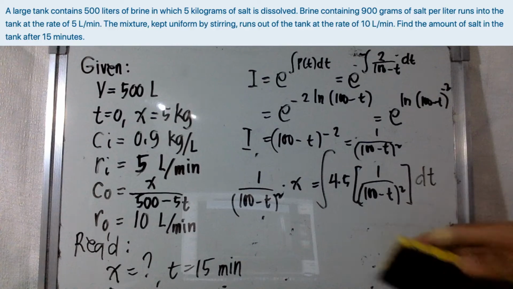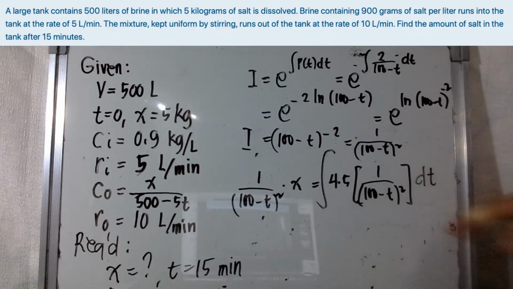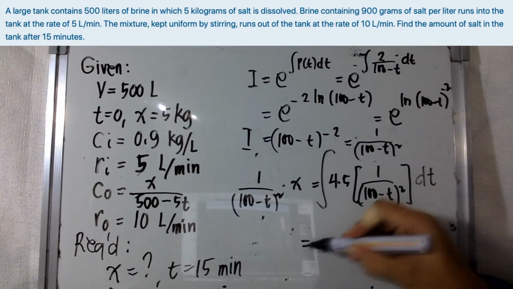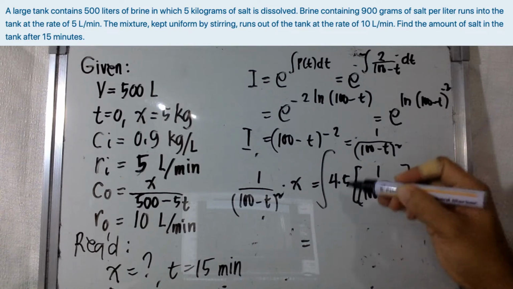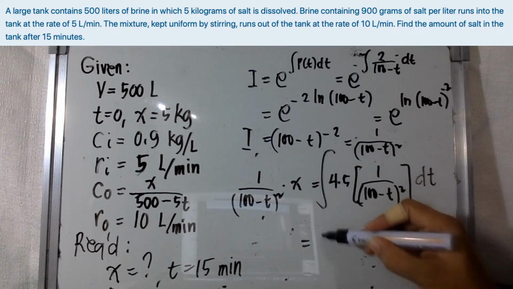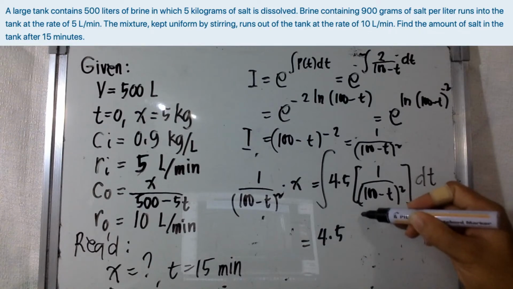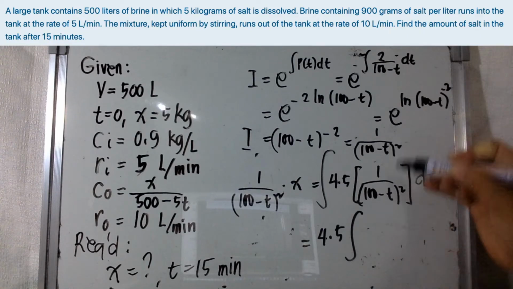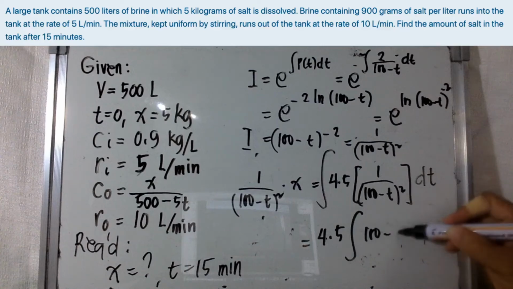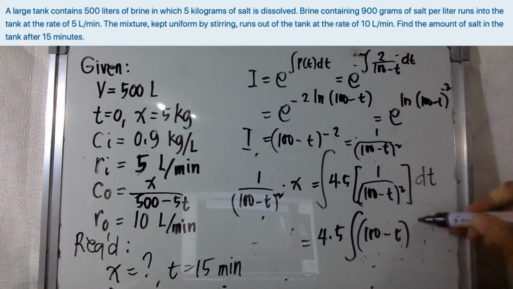Now we erase this part. So we integrate the right-hand side of the equation. Of course, we put the constant before the integral symbol. So 4.5 integral of, we bring this up, this becomes 100 minus t raised to negative 2 dt. It's actually the power formula. Now, to satisfy the power formula, this should be negative, right?